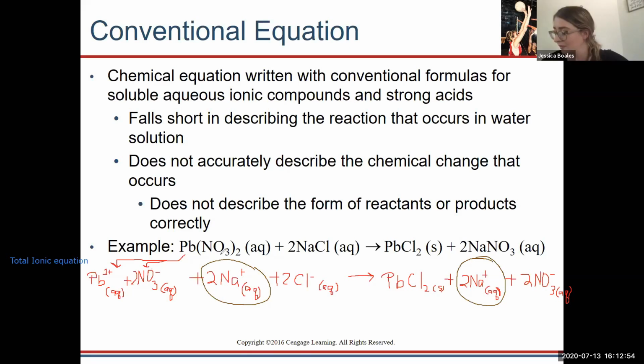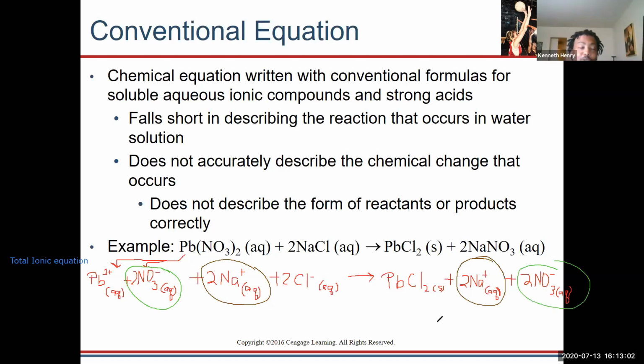Oh, I'm sorry, you said 2 NO3. Sorry, I was ignoring you completely. There you go. So then the 2 Na, since I gave you the answer. Sorry, my brain is not snapping right now. So okay, those are our two sets of spectators, right? We have the nitrate ion and we have the sodium ion.